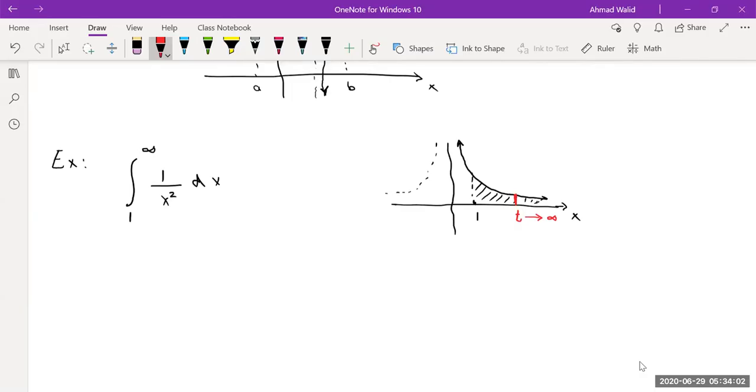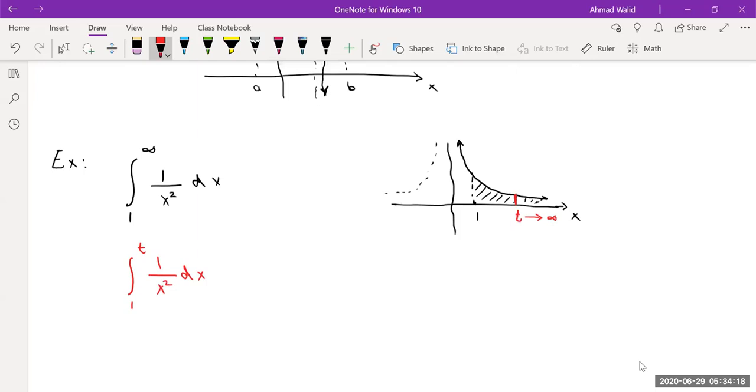For the time being, I'm changing infinity to T. I will rewrite this problem as the integral from 1 to T of 1 over x squared dx.